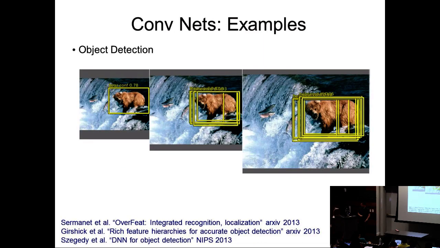Here is another case of object detection, which is kind of interesting. Here, you're basically proposing a single box, but the model could also propose multiple boxes. And what you're seeing here is the way that people currently deal with scale.